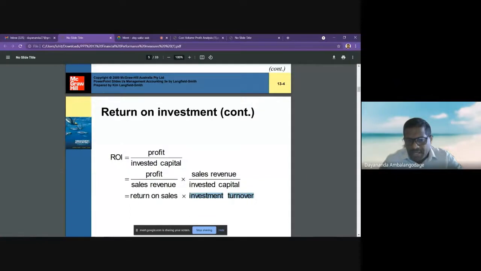So thereby, ROI is a function of return on sales and investment turnover. You got the point? When you define the ROI, ROI is the function of return on sales times investment turnover. That is efficiency and effectiveness. This measures the effectiveness and this measures the efficiency. Your ROI will reflect return on sales and the investment turnover.